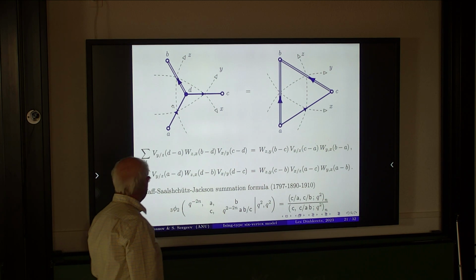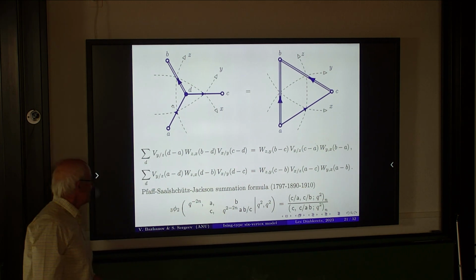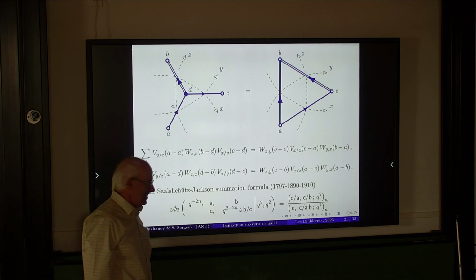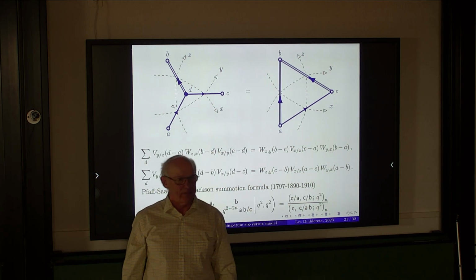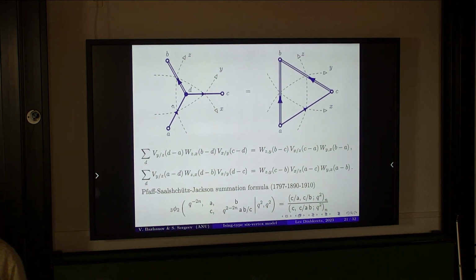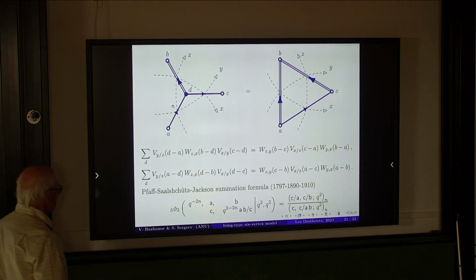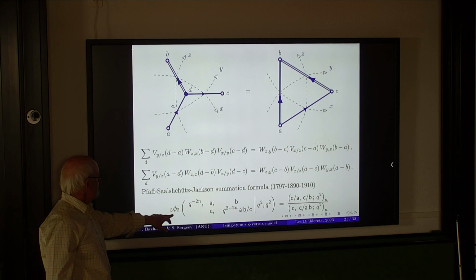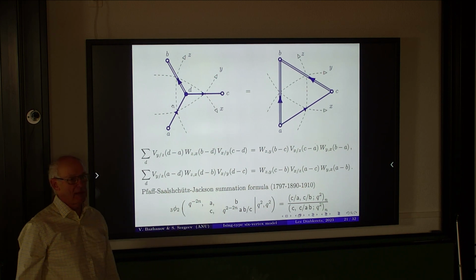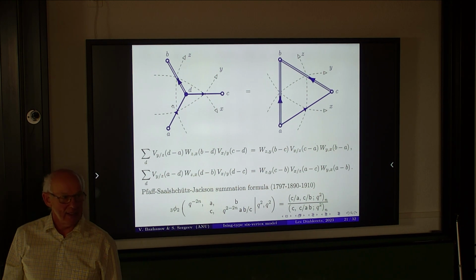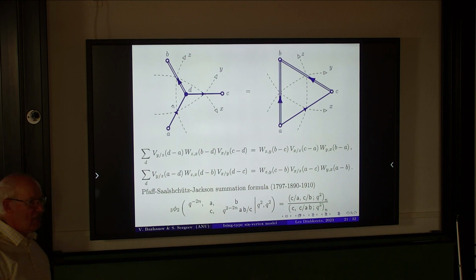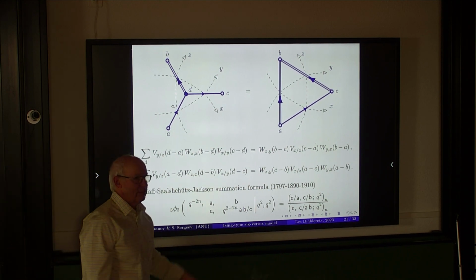Pfaff, with H, and Schultz with one H. And the q-analog was obtained by Jackson more than 100 years ago. So that is the 5-3 summation formula. Schultz found it in the rational case with the gamma function. Beautiful.